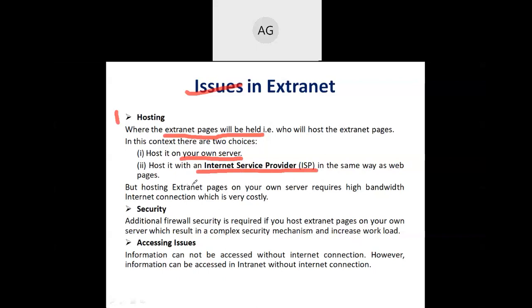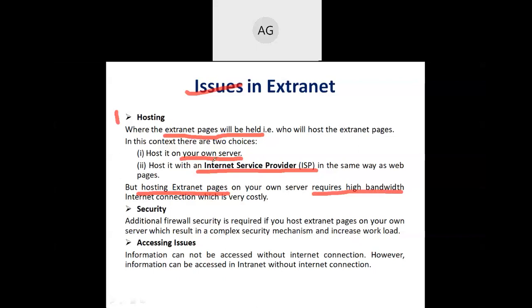As all of us know, ISP services, or internet service provider services, are nowadays provided by Jio, Airtel, and BSNL. So these companies are providing the ISP services. Hosting extranet pages on your own server requires high bandwidth.